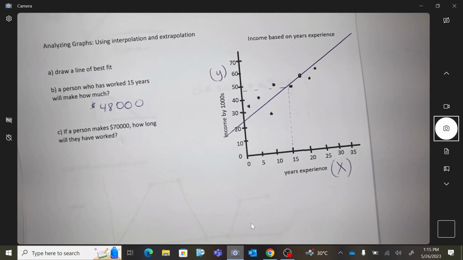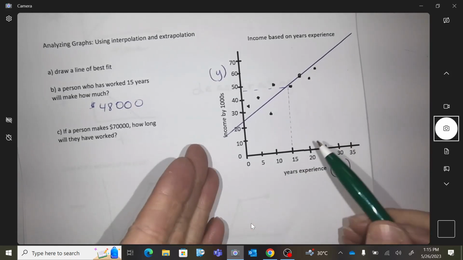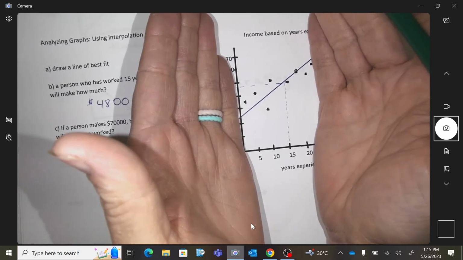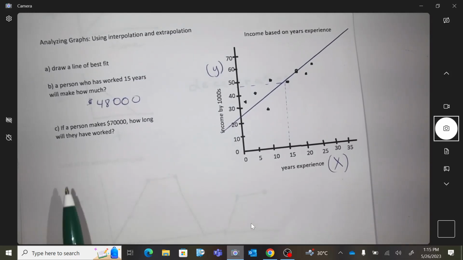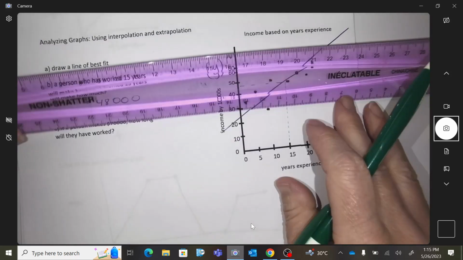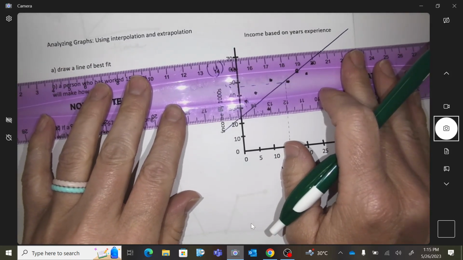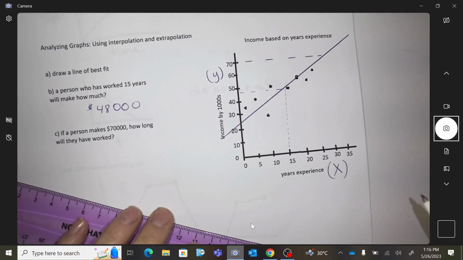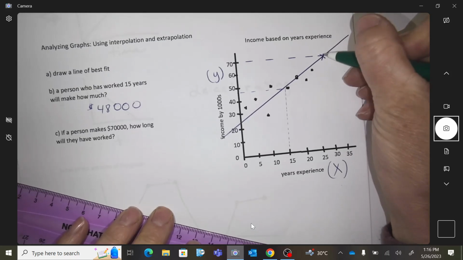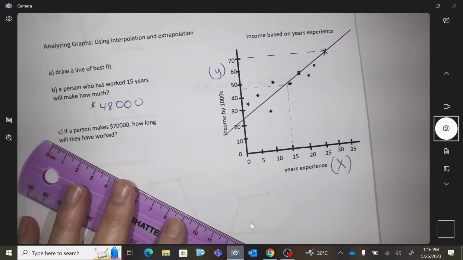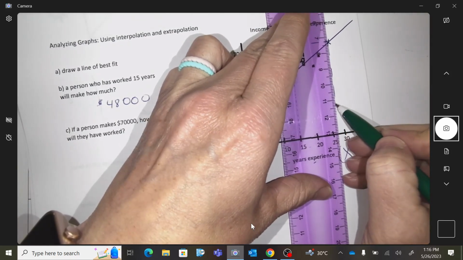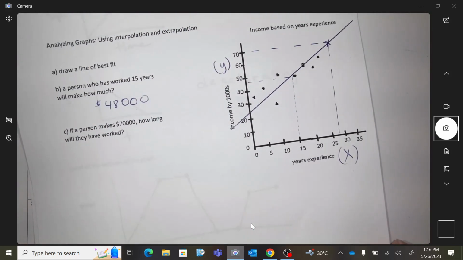Okay, that was called interpolation, and the reason it was called that is because 15 falls within where my dots are. Now, if a person makes $70,000, so this time I've been given the y, I'm going to go across at 70. And I hit there. So if I go straight down, your answer might be different than my answer if your graph is a little bit different, and that's okay.